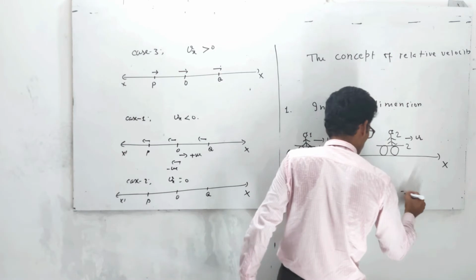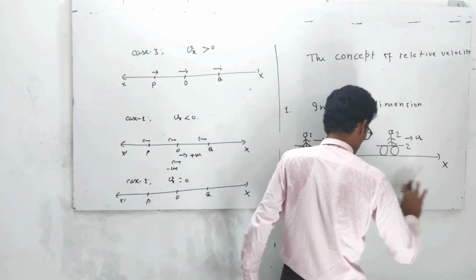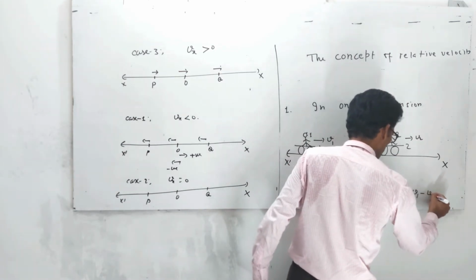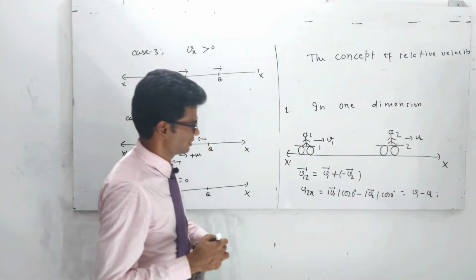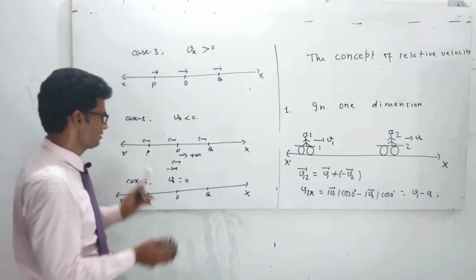So it comes out to be v1, taking it as positive, minus v2. We all know cos 0 degrees is 1, so it is v1 minus v2.